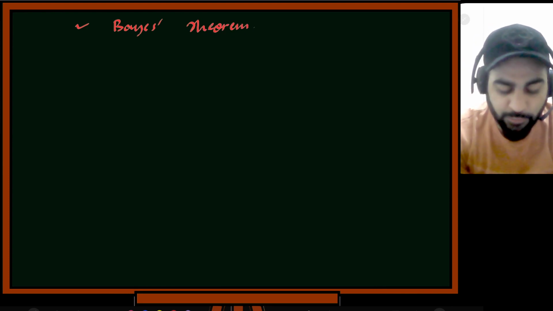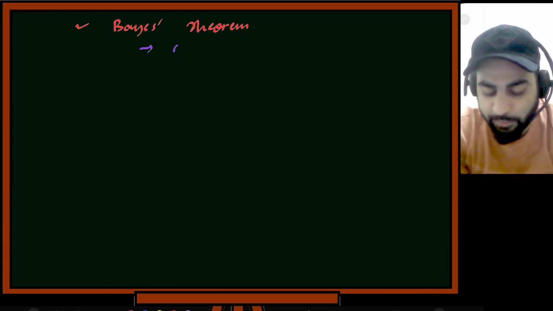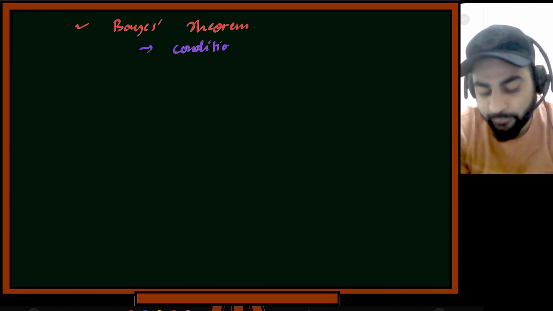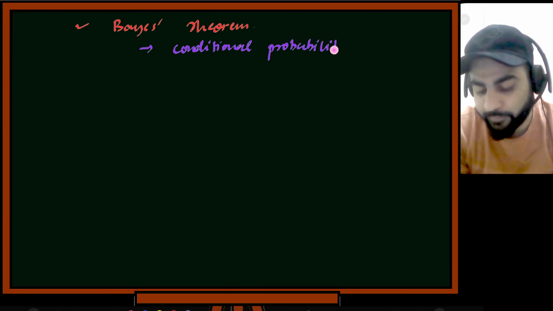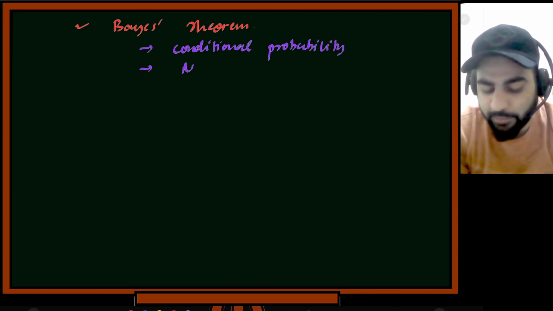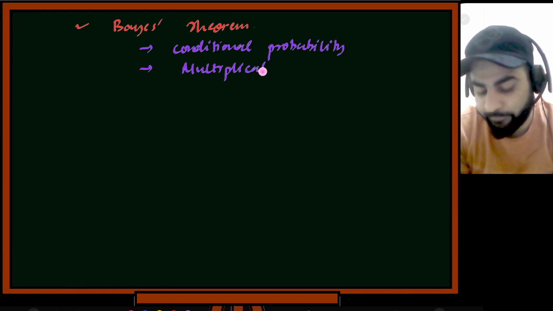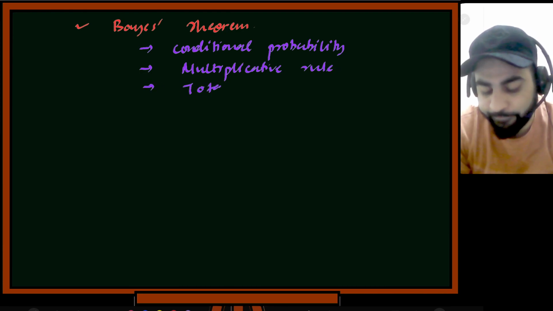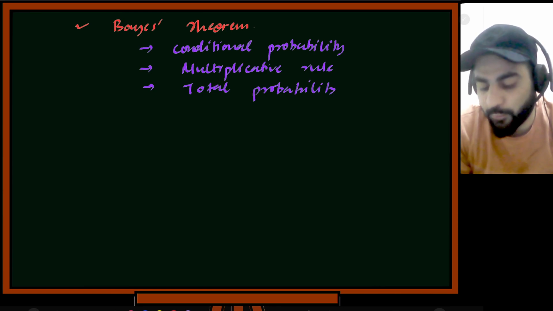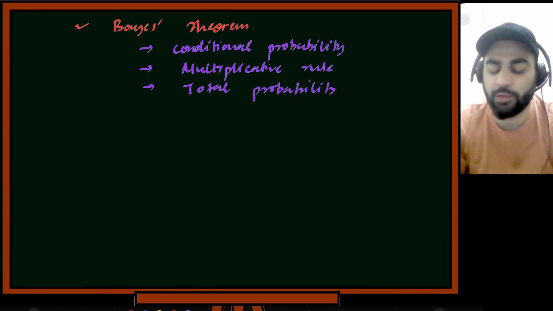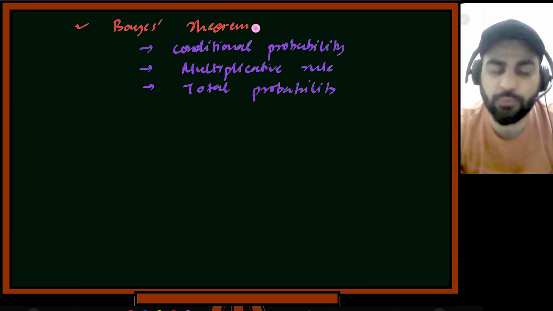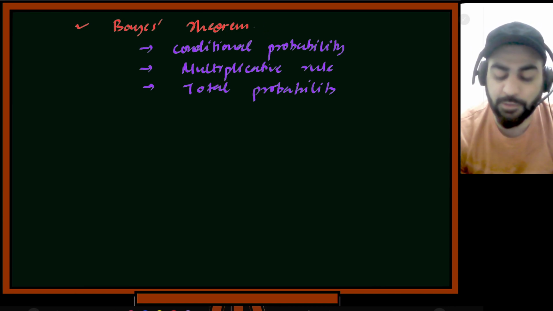The most important concepts that we saw were conditional probability, then the multiplication rule, and then total probability. By using these we went to the Bayes theorem. From that perspective we understood it.